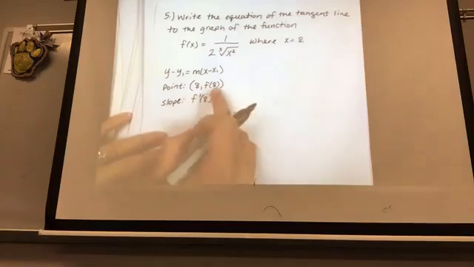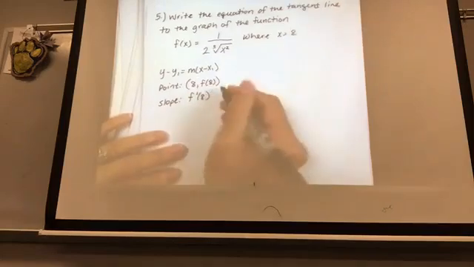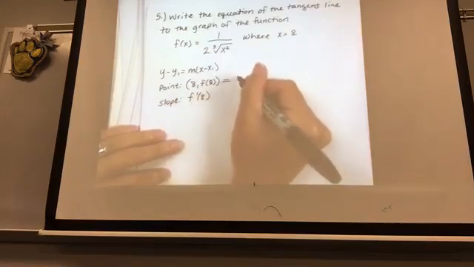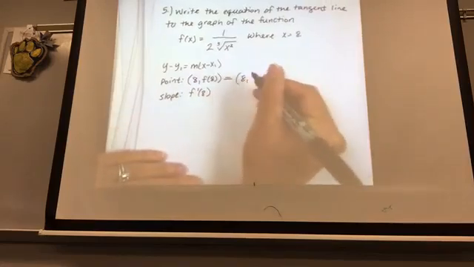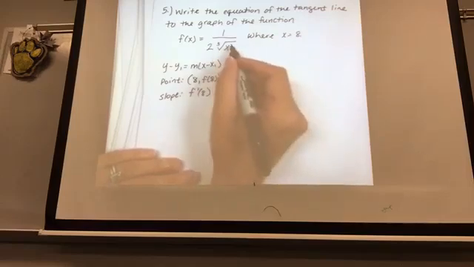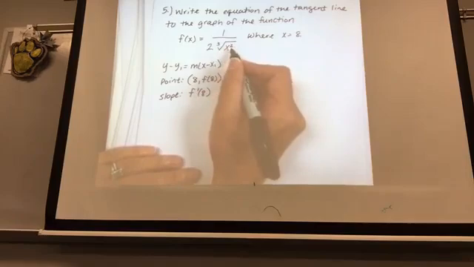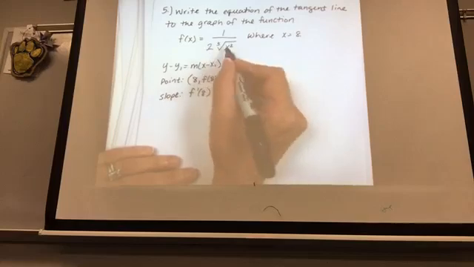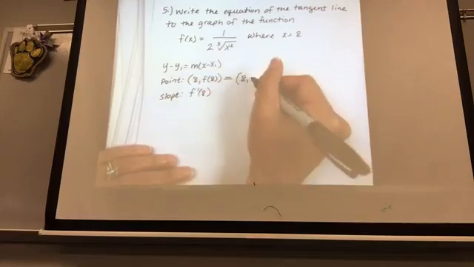Okay, so let's start. We can easily find f of 8 to get our point. If I plug 8 in, 8 squared is not 16, it's 64. And the cubic root of 64 is 4. 2 times 4 is 8, so 1/8.